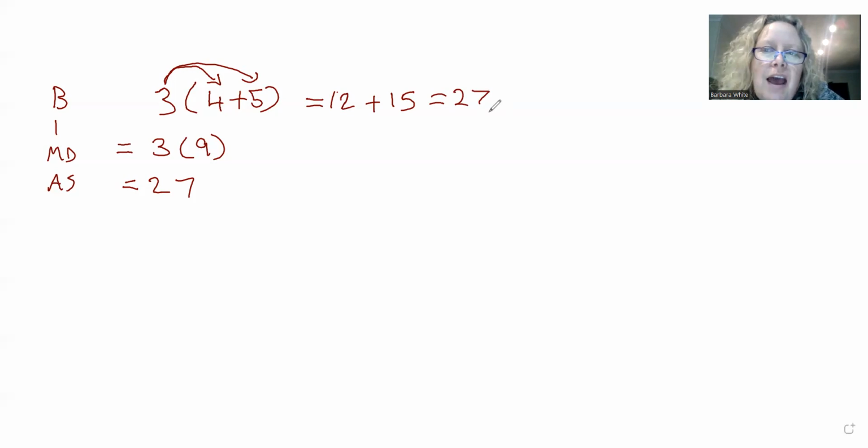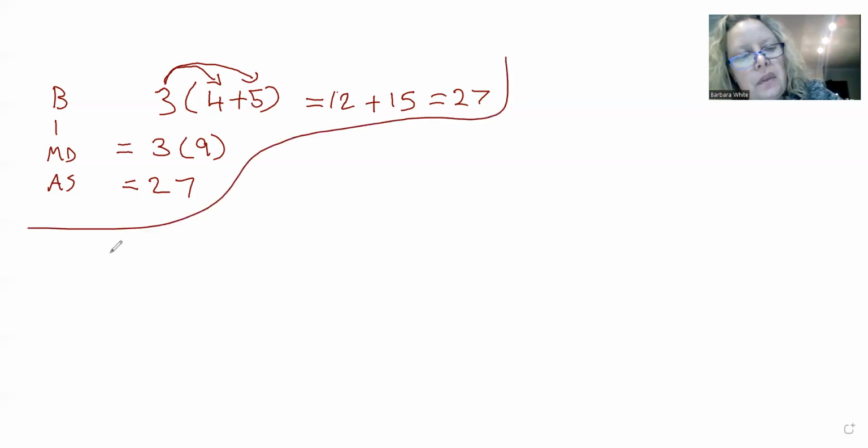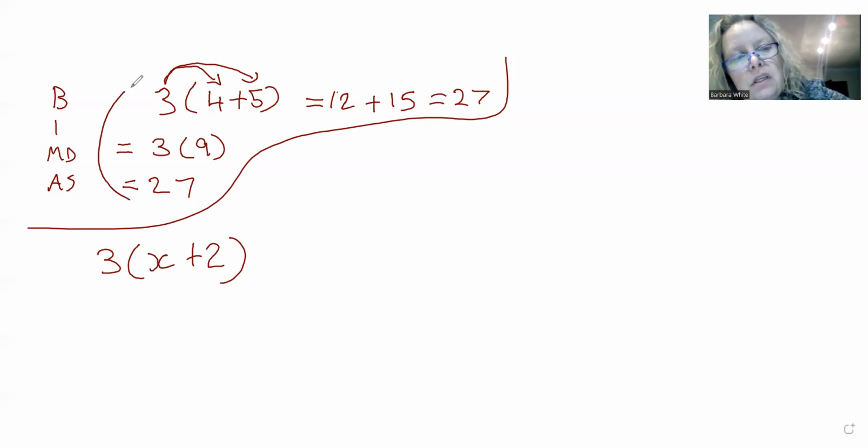Now, using that system, we can do questions like this one. Even though we can't add up what's in the brackets, we can distribute the factor of 3 to both of those terms within the bracket.